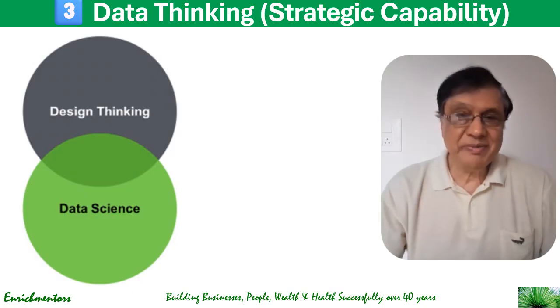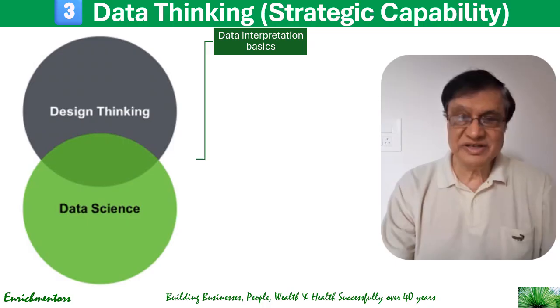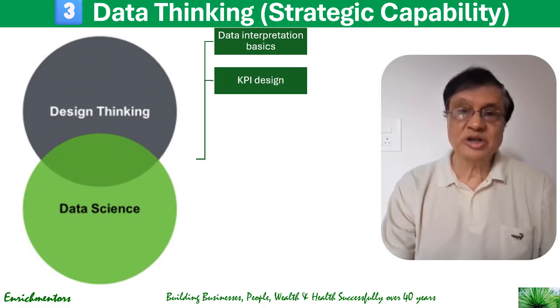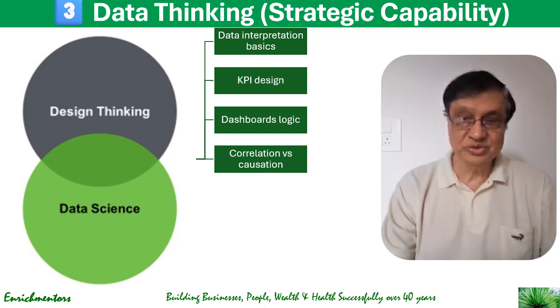The third strategic capability you need to develop is data thinking. In that, what you need to do is to understand data interpretation basics. How do you interpret data? How to design the KPIs? What is the logic of dashboards and how do you design dashboards? What is correlation versus causation and how to use both of them?